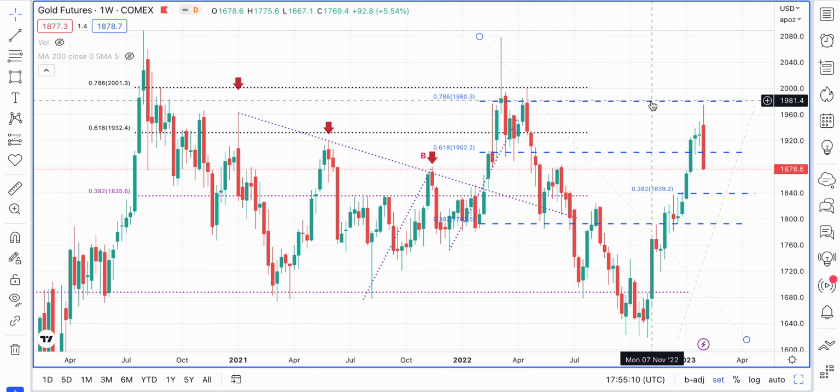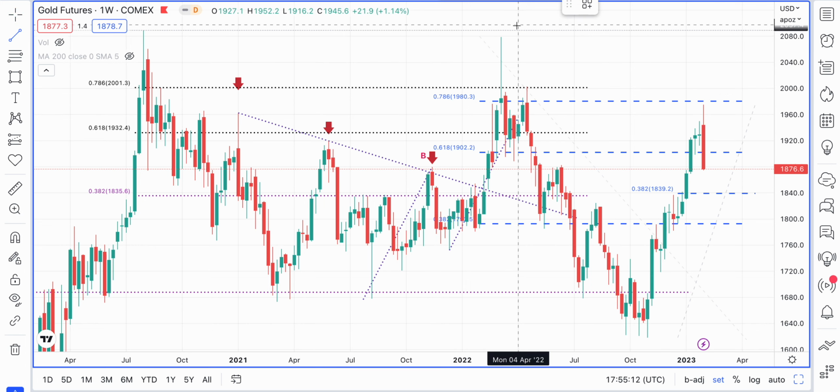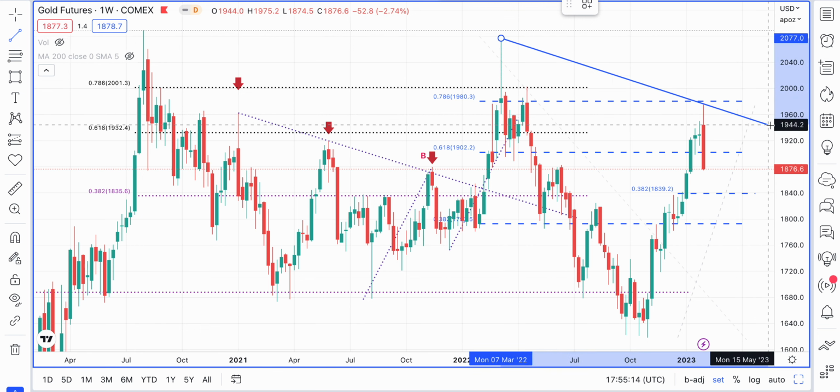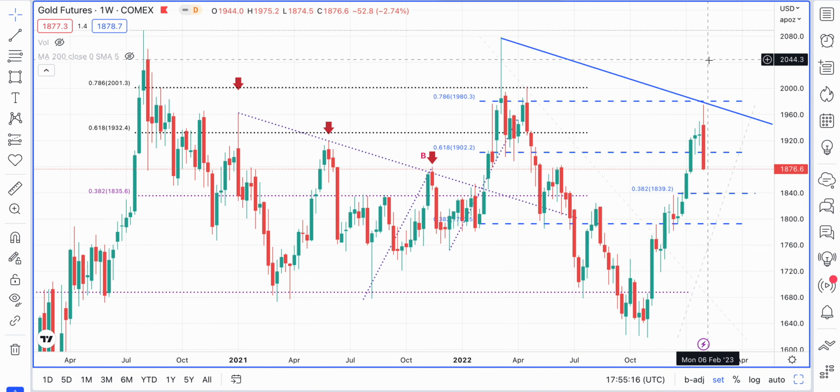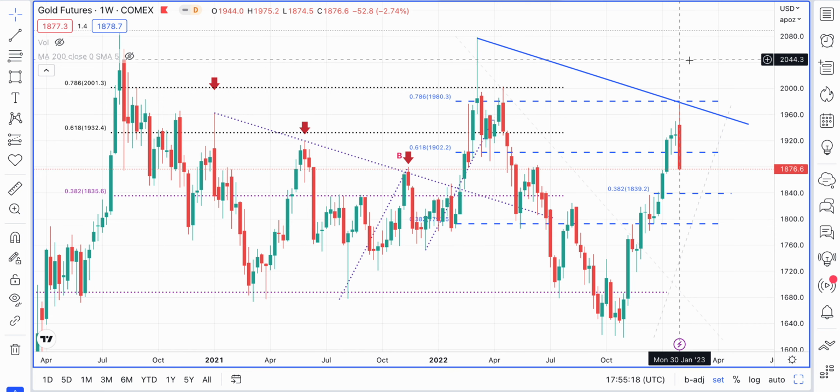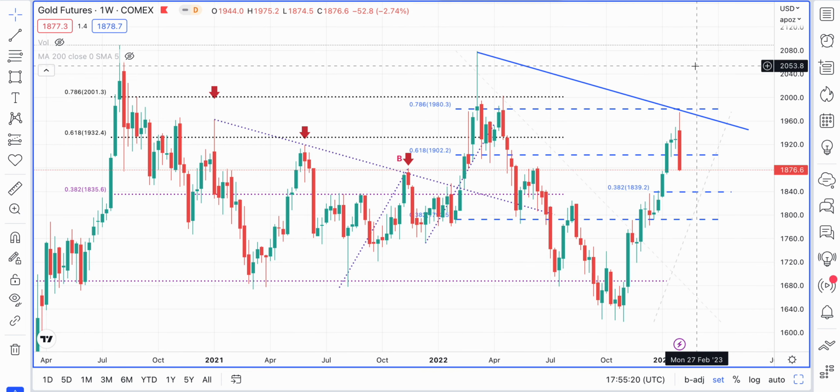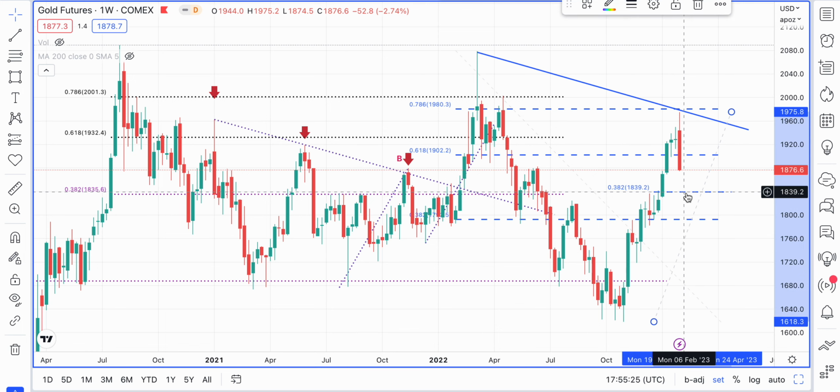And now from the 78.6% retracement level, we do see a downward sloping trend line emerging here. What we are now watching is this level of 1839, roughly 1840, as the potential support, because this is the 38.2% Fibonacci retracement.